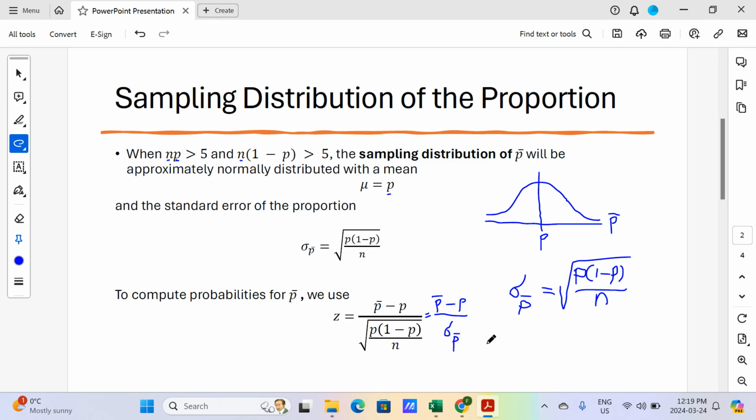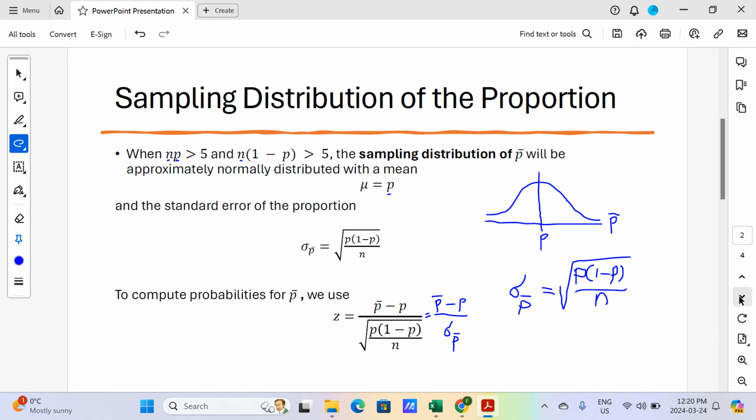By using this formula, we can convert the normal distribution we have here to a standard normal distribution, and then we can find the probabilities for p bar using the standard normal distribution.